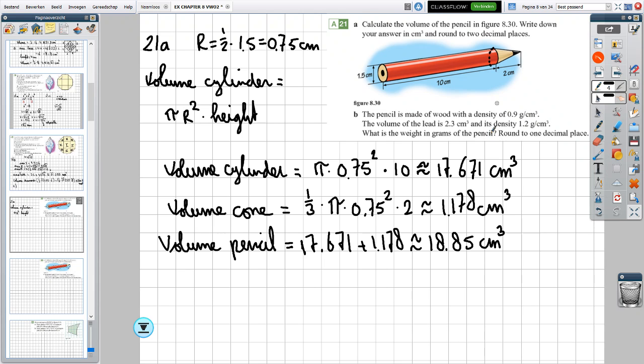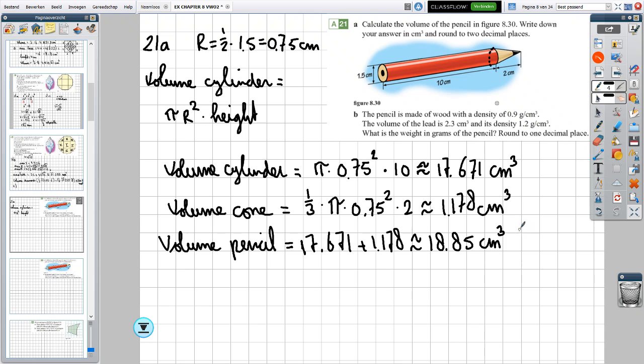Okay, so you have to calculate those two volumes separately, and then in the end you're going to add them up. For the volume of a cone, don't forget to add the 1/3, right? 1/3 times pi times the radius squared times 2.